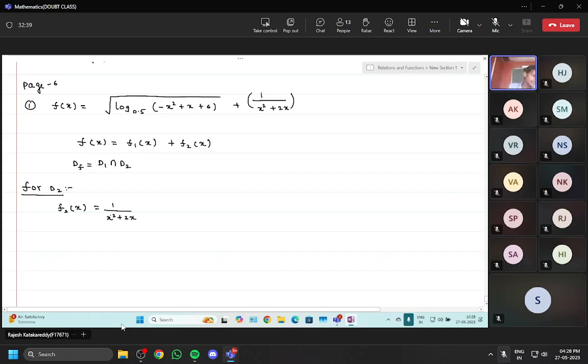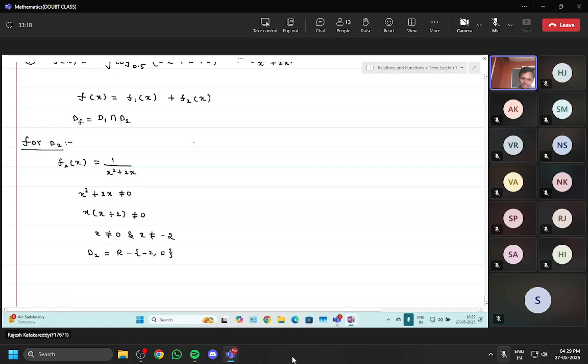Since it is in the denominator, I must stop x square plus 2x from being 0. So x into x plus 2 is not equal to 0. That means x is not equal to 0 and x is not equal to -2. These two values we should not have in the domain. So d2 is the real numbers excluding -2 and 0. No problem.